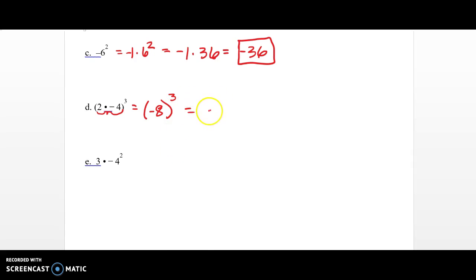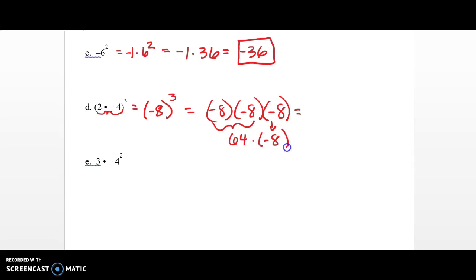So that means I have -8 times -8 times -8, which equals, I'm going to take this negative times negative. Negative times negative is positive. That's positive 64. Now I'm going to multiply it by this -8. Well, I have a positive 64 multiplied by -8, so I get -512. Okay?